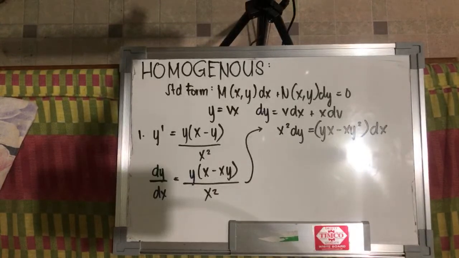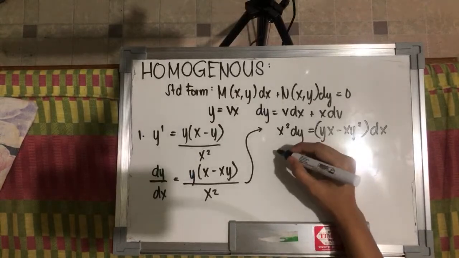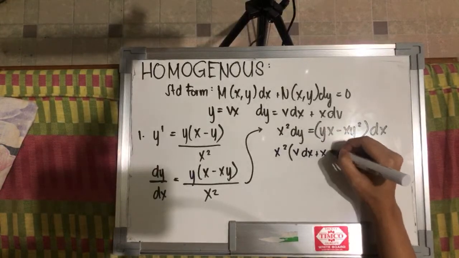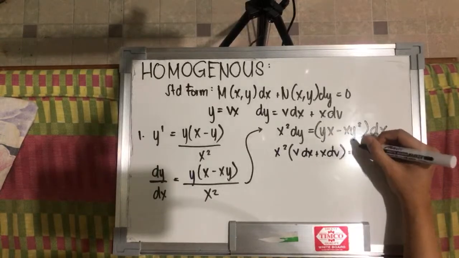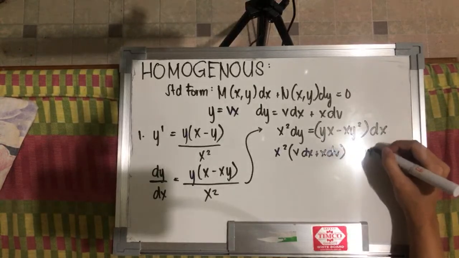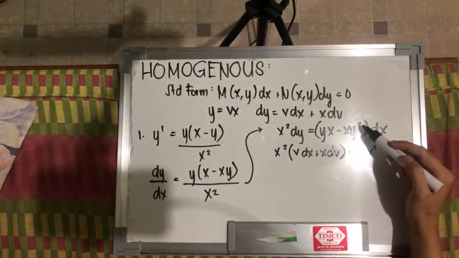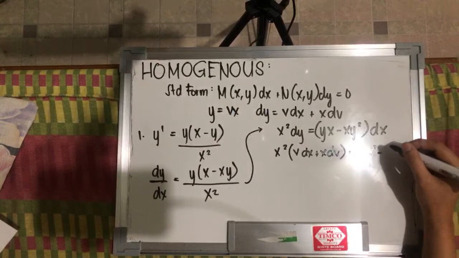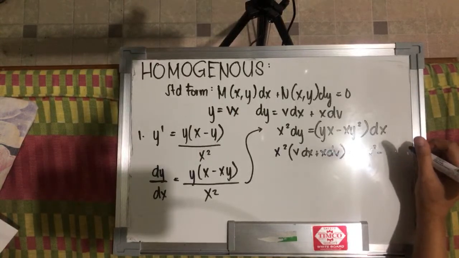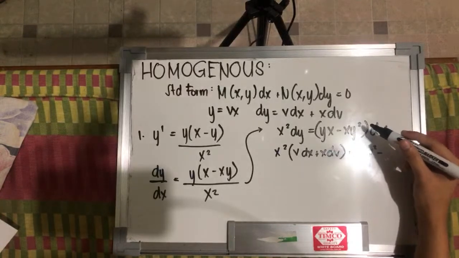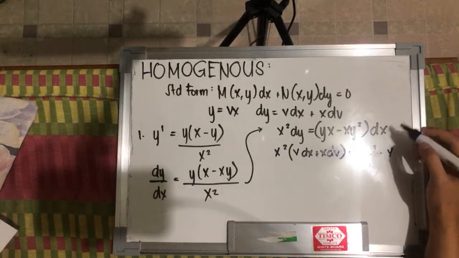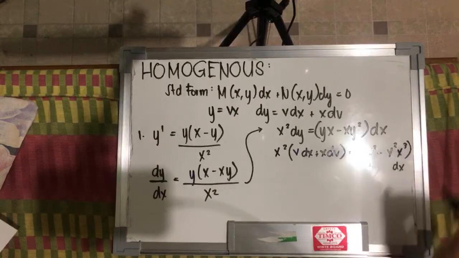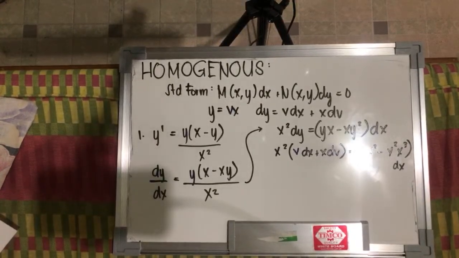So, substitute, magiging x squared times v dx plus x dv is equal to vx times x, so magiging vx squared, minus squared yung y, so magiging v squared x squared times x, so minus v. So simplify.